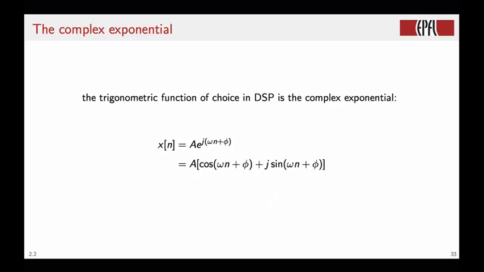Okay, so we have a sequence x[n], just like previously. We have, let's say, A is the amplitude, e to the j (omega n plus phi), and by Euler's formulas, this is the amplitude, cosine (omega n plus phi), that's the real part, plus j times sine (omega n plus phi), which is the imaginary part, and together we have a complex exponential.